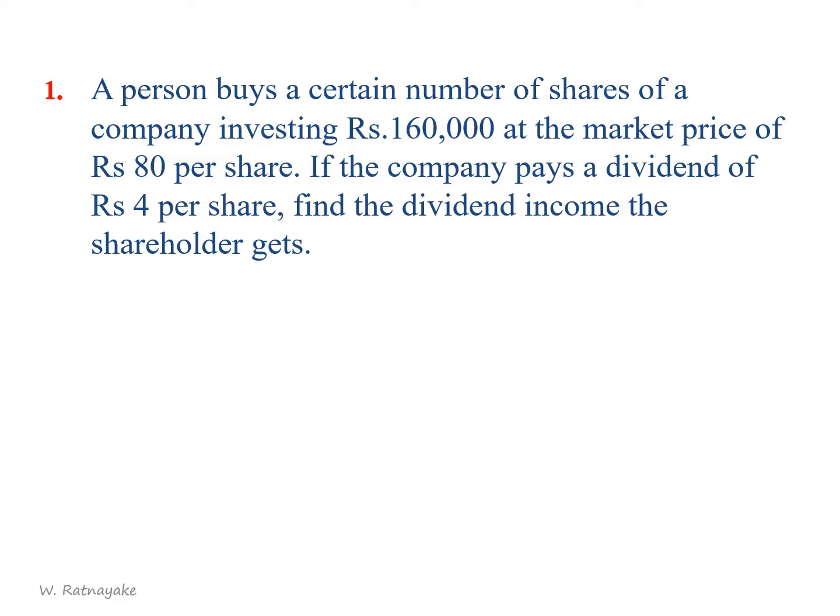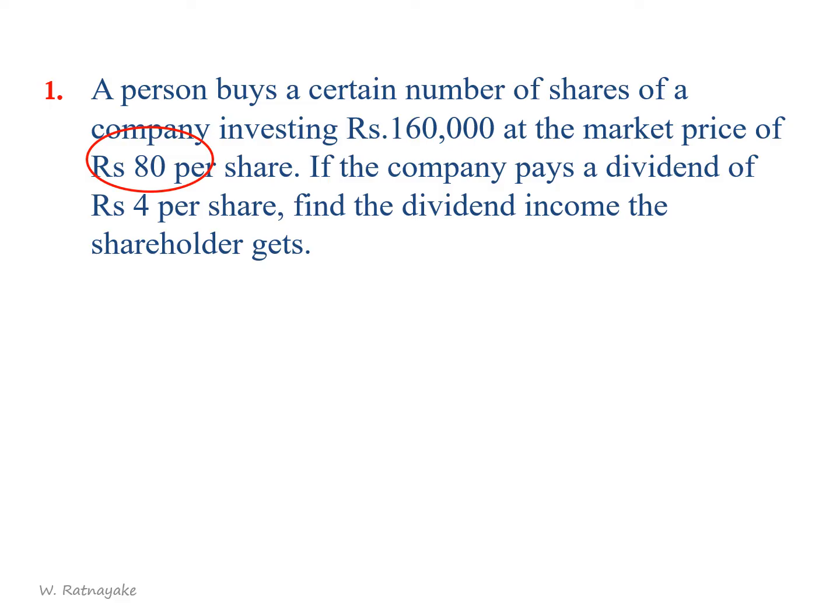Now here the amount invested to buy shares is 160,000 rupees and one share is worth 80 rupees. The market price of one share is 80 rupees. So to find the number of shares bought, we have to divide 160,000 by 80.